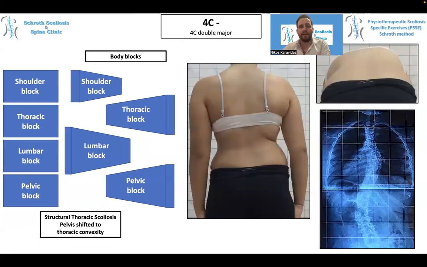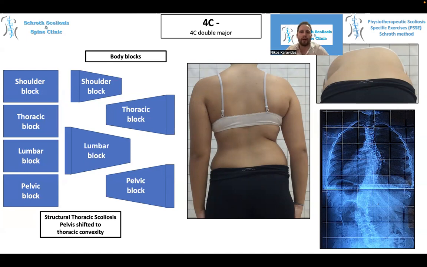Then I will explain first the 4C minus type, which is the most typical, of course. So 4C minus means that we have a structural thoracic scoliosis with the pelvis shifted to the thoracic convexity. And in this case, of course, you are not allowed to overcorrect. So this is a typical double major scoliosis when you have two balanced curves. And in this curve type, of course, you are not allowed to overcorrect in our school.